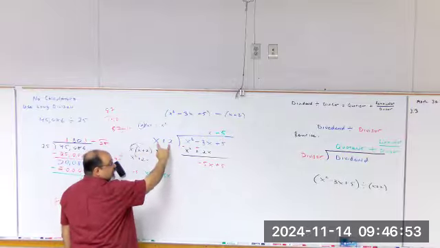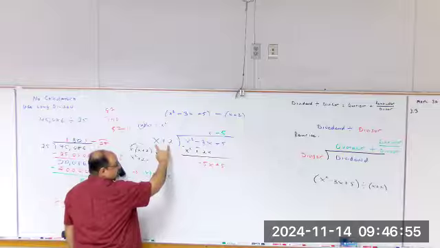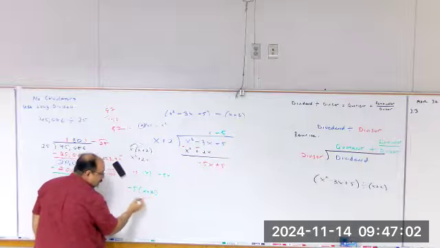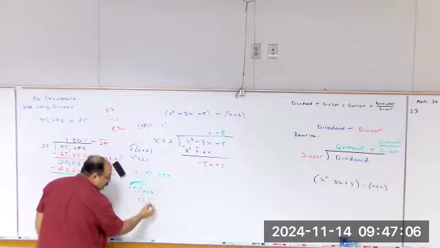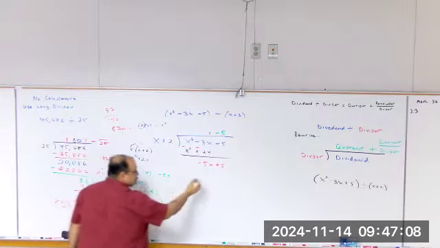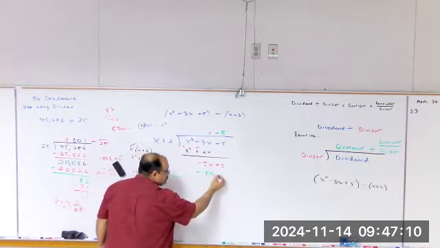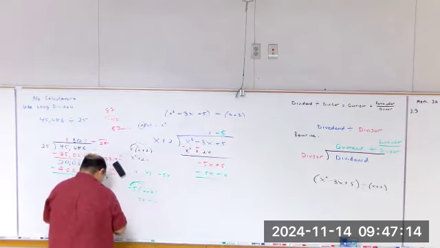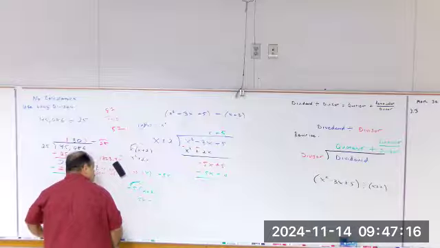Remember, when you put that there, you're going to multiply by both of these. So it's that negative 5 times the divisor, times x plus 2. Distribute: negative 5x minus 10. And then you're gonna subtract.